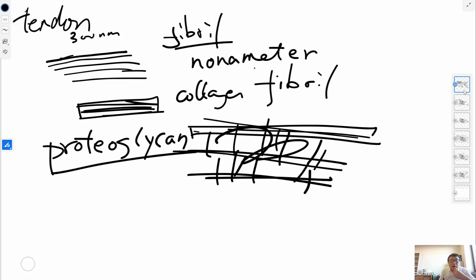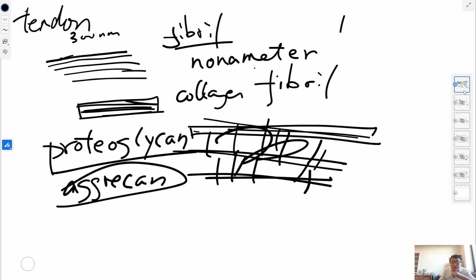a big compound with sugar and protein, especially aggrecan. This is the same proteoglycan existing in the intervertebral disc.